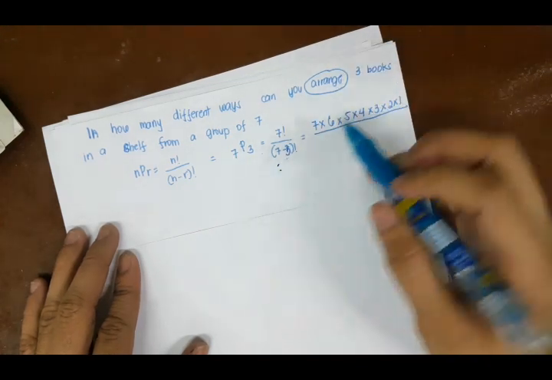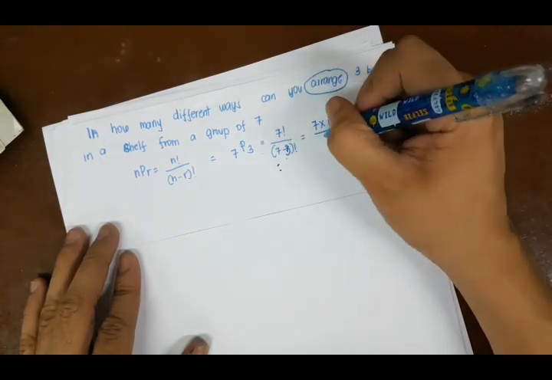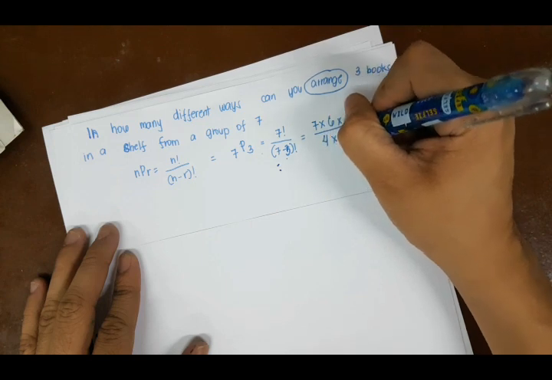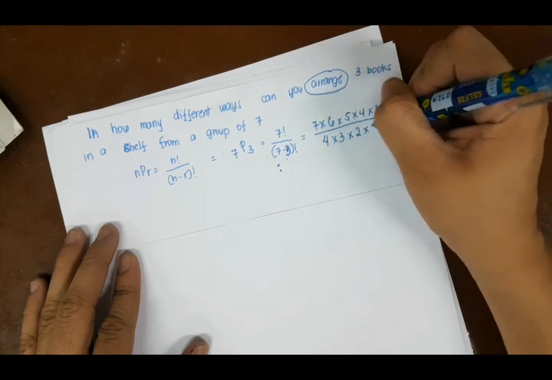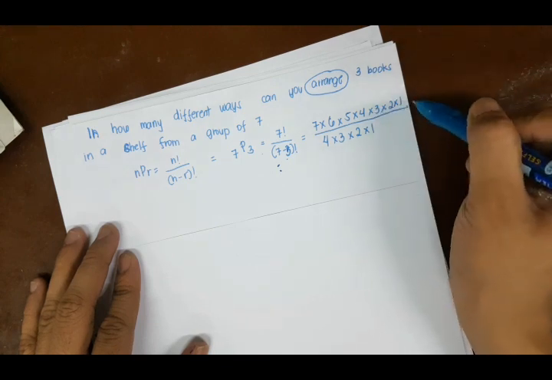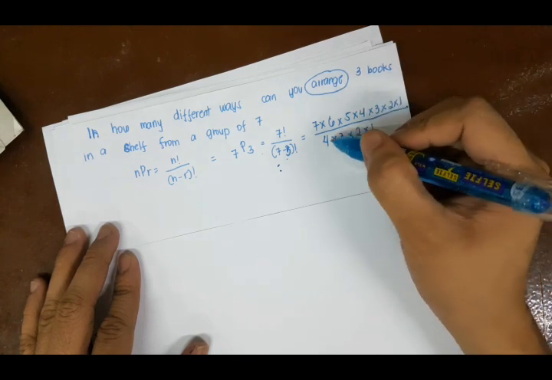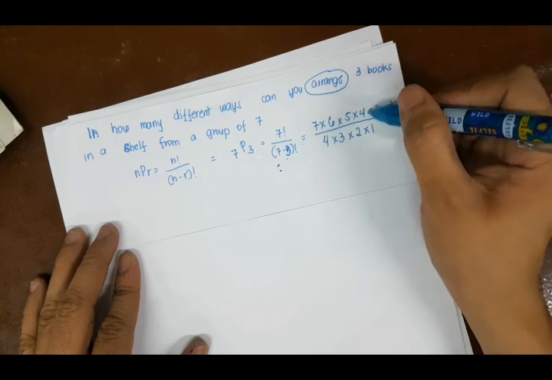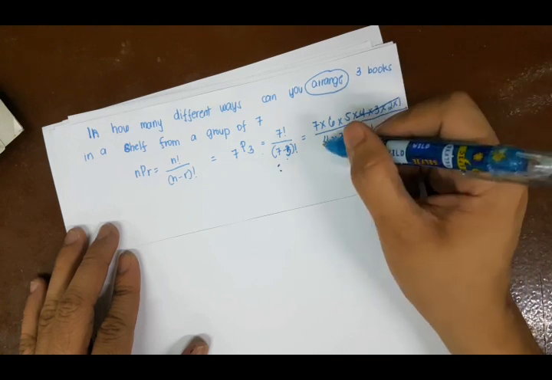And 7 minus 3 is 4 factorial, so 4 times 3 times 2 times 1. As you can observe, when you divide 4 times 3 times 2 times 1 by 4 times 3 times 2 times 1, it's just 1, so we can cancel it.